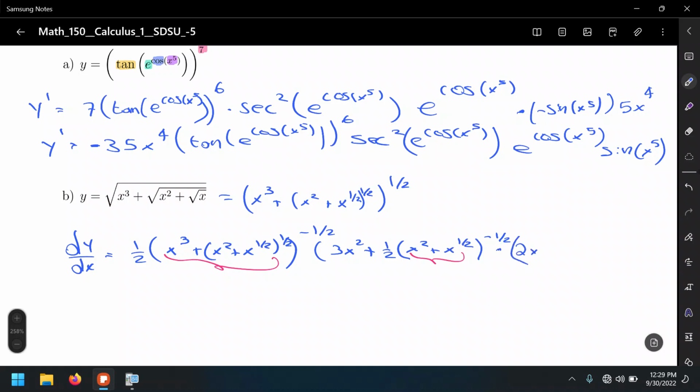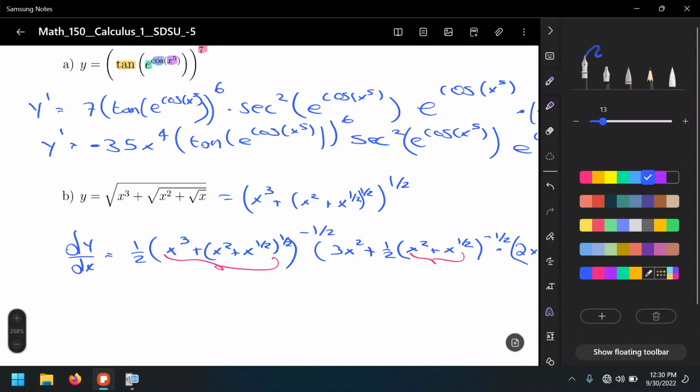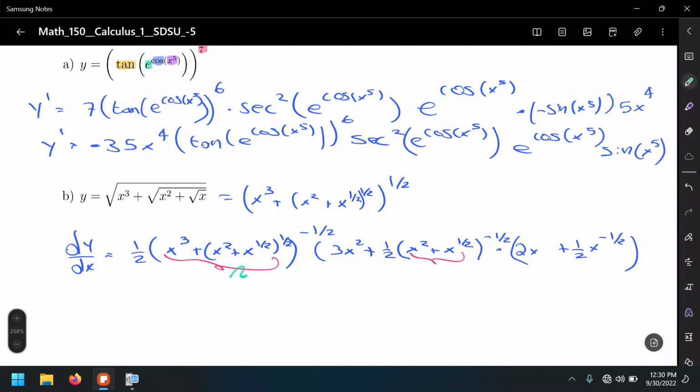The derivative of x to the 1/2, isn't it? 1/2 x to the negative 1/2. And we're done with all the different layers. Right? So that's essentially the chain rule. We are like connecting by means of a chain, if you will. So that's why we call it the chain rule.